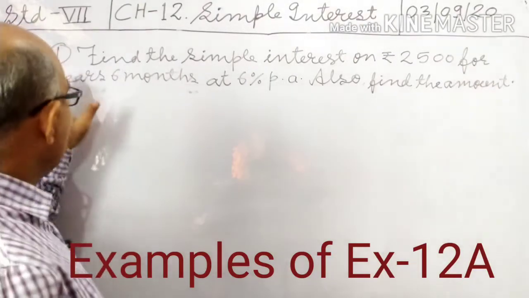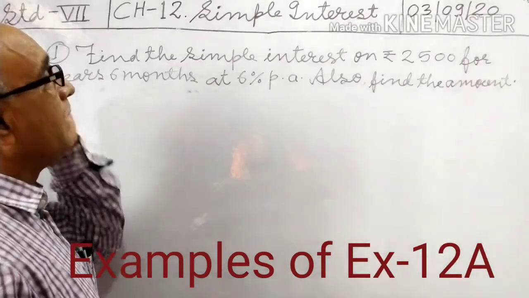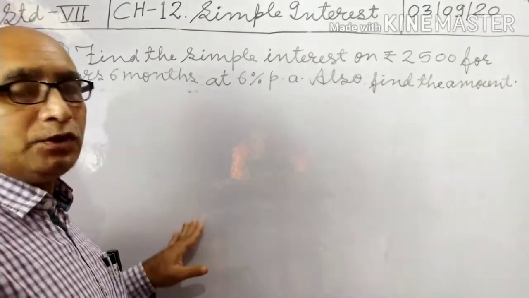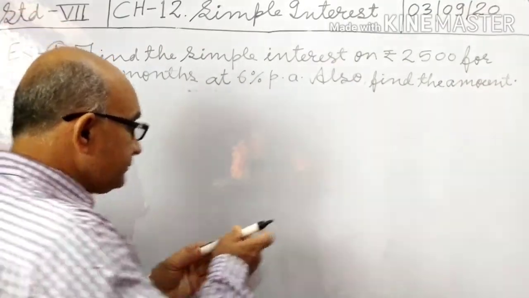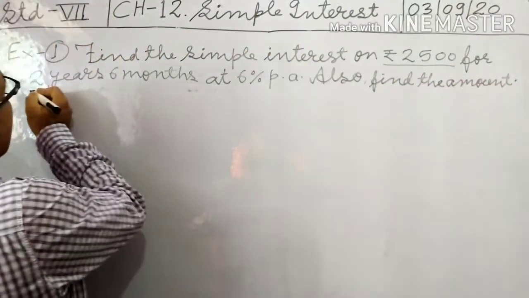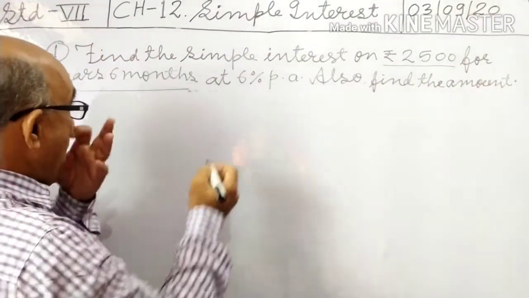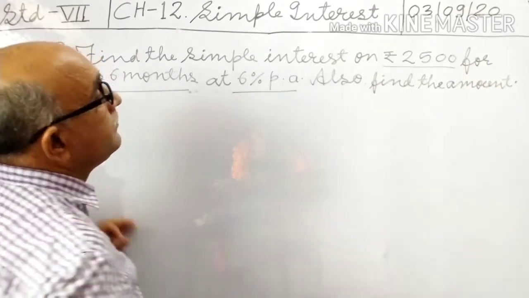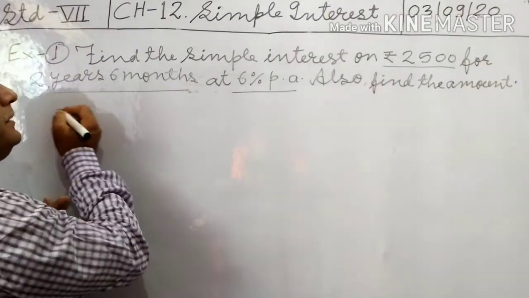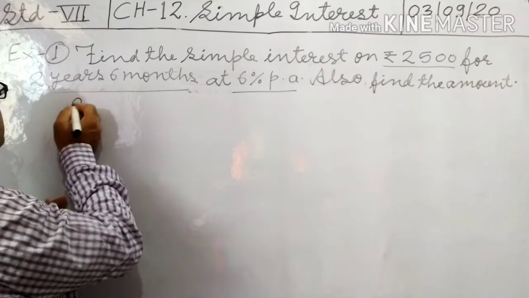First example, example 1. Find the simple interest on rupees 2,500 for 2 years 6 months at 6% per annum. Also find the amount. Here first write what is given.